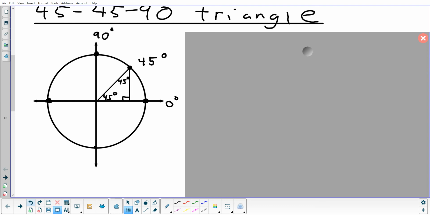Somebody tell me what side of the triangle do we already know the length of? Caleb? Is it the hypotenuse, is 1 because it's a unit circle? So the hypotenuse is 1 because we're dealing with a unit circle, and the length of the hypotenuse is the radius of the circle.